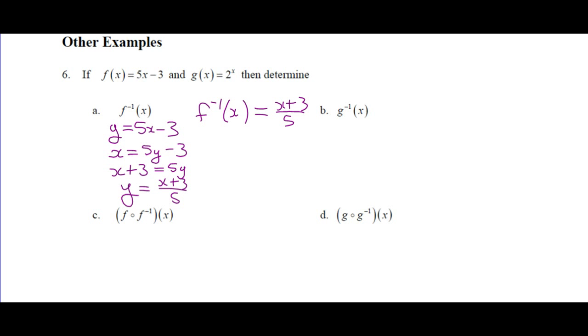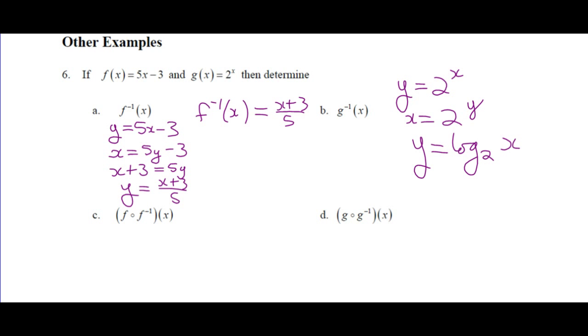G inverse of x, same deal. I just start out with y equals 2 to the x. That becomes x equals 2 to the y, which is y is equal to log what? Logs again? I thought we were done with those things. What's the base? 2, and the value we get is x, right? So that's the exponent, right?